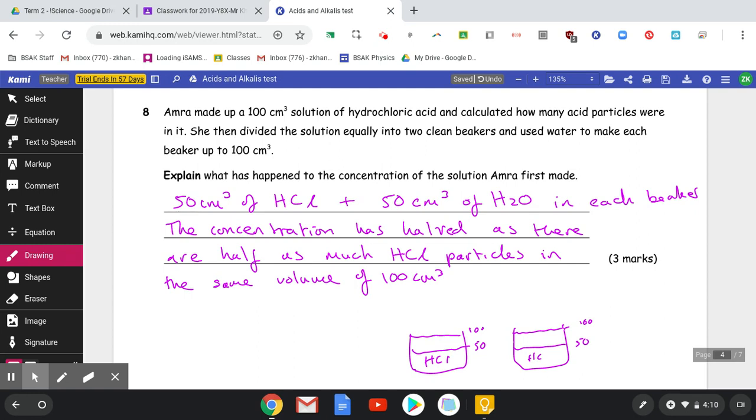Now what you've got is hydrochloric acid mixed with water in each beaker. So each beaker has half the acid particles compared to before, and as it's mixed in the same volume with half the acid particles, you are going to get half the concentration.